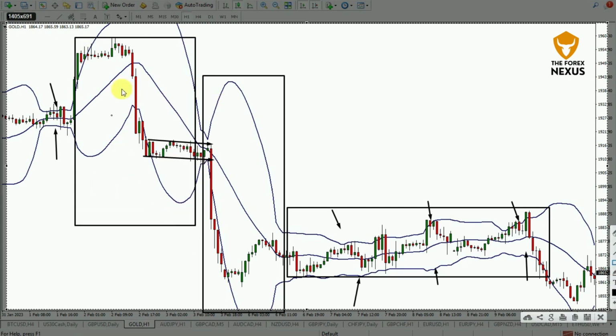You can see here the Bollinger Bands are expanding, the upper band will expand towards the upper side, and the lower band expanding toward the lower side. This is also expansion. When we get the Bollinger Band expansion, it means that the market has potential to go upside or downside.